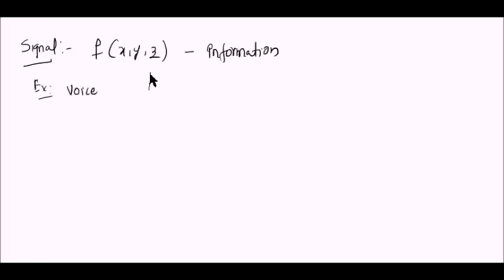The graphical representation of this signal is something like this. This is the time axis, and here I represent the amplitude of the voice signal, denoted by x of t. The amplitude of the signal is varying, and any varying signal will contain certain information with it.